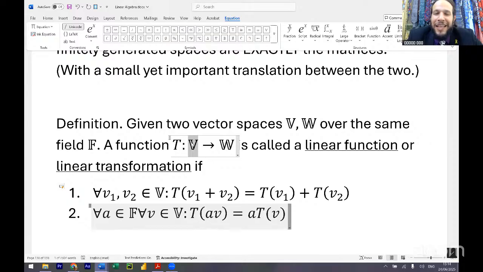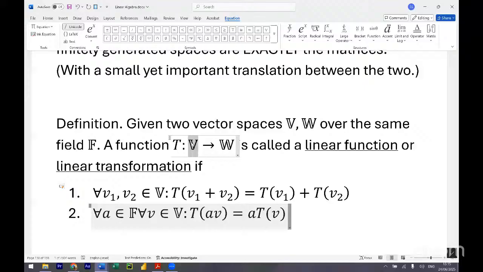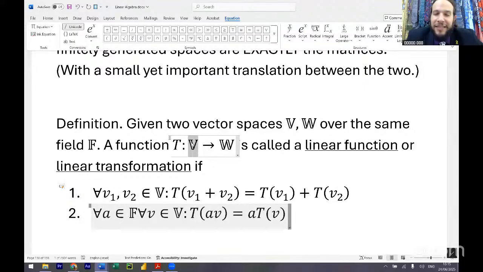Even if it was from the very same vector space to itself, you still need to draw it twice on the graph, because on the axis of V you mark the vector of V, and on the axis of W you mark the T of V, the image of V. And altogether you need at least 4, unless one of them is one-dimensional, and then you can actually draw it.